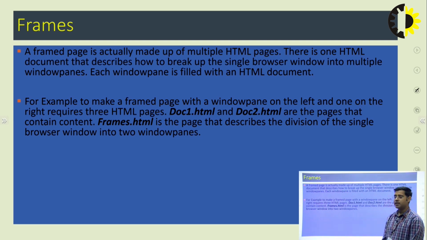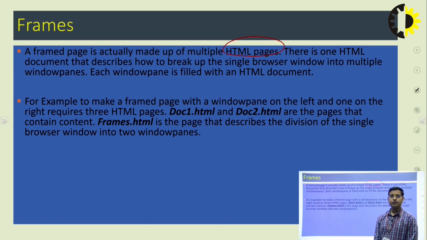A frame page is actually made up of multiple HTML pages. When we design a frame through multiple HTML pages, we have to divide the browser window pane into multiple panes, and after dividing the browser window, insert the different HTML pages into those window panes in the browser.